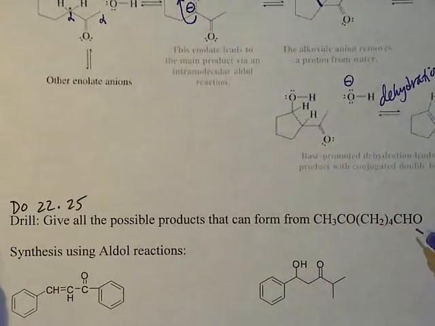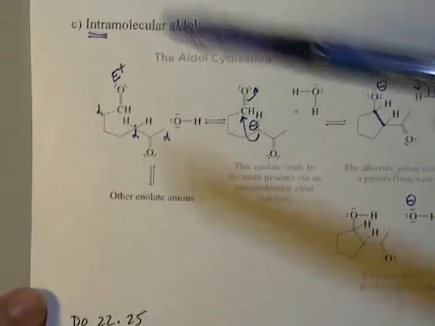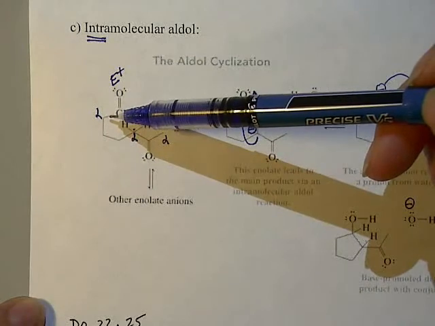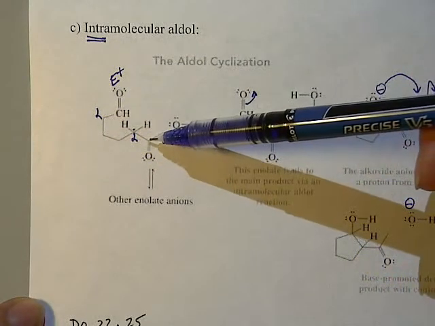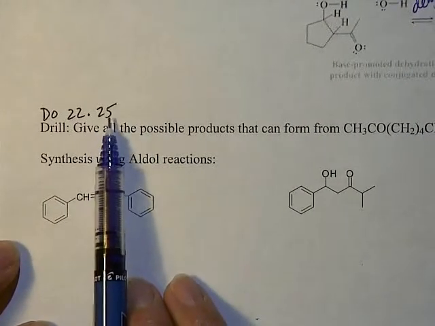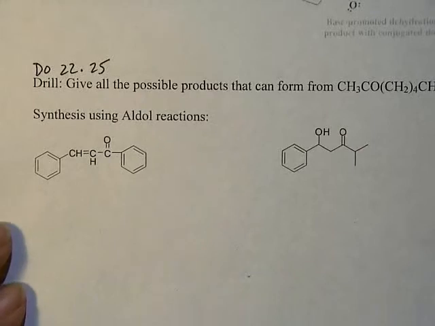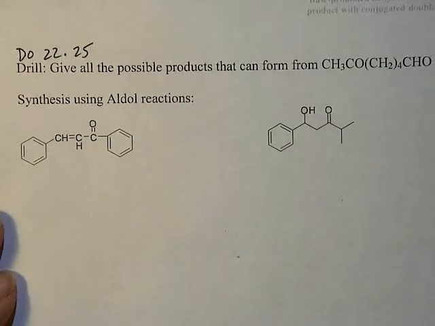For example, draw the 7 member ring aldol product, and also figure out what the product would look like if the enolate did form here and then reacted at this carbonyl. What would that ring look like? All right. So once you do that and then do 22.25, I want you to come back to this and see if you could do synthesis using aldol reactions, which is what I'm going to go over next.